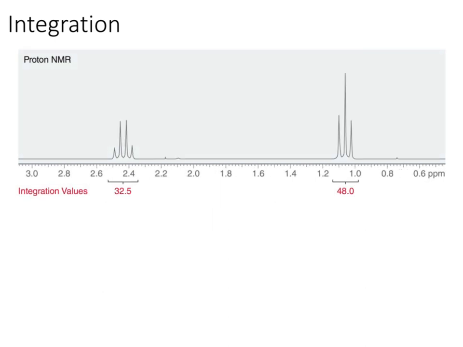Now let's look at one example to explain what the integration really tells us. For example, this proton NMR spectrum is for this molecule. It's a ketone right here. In this molecule, immediately you can tell from what we just learned that there are some equivalent hydrogens.